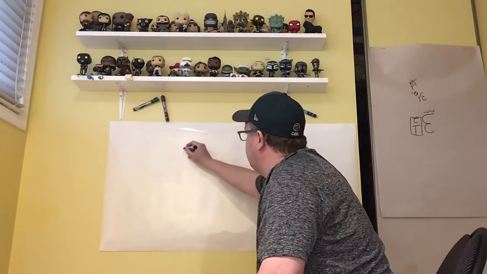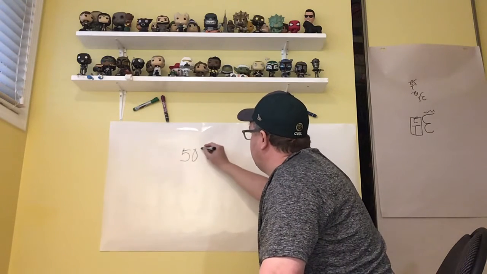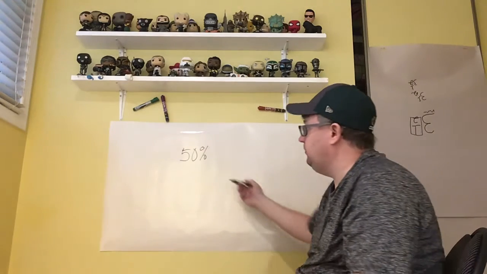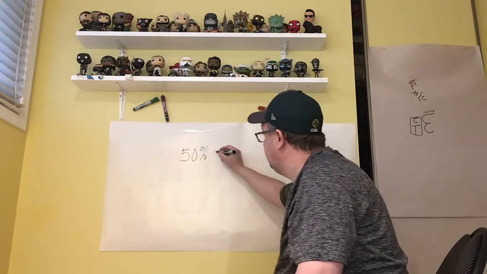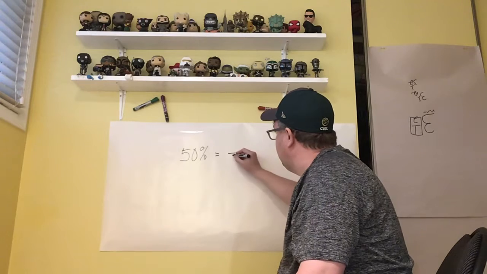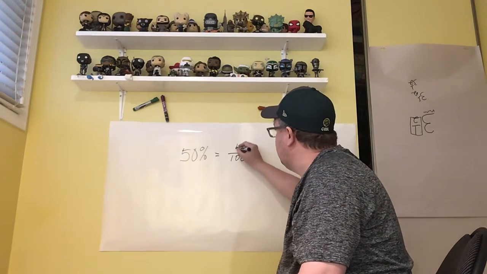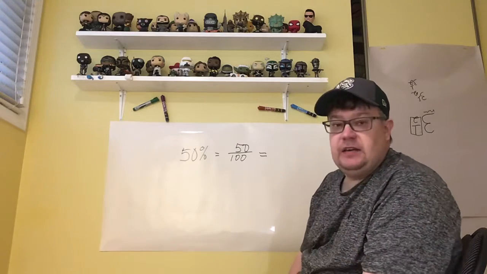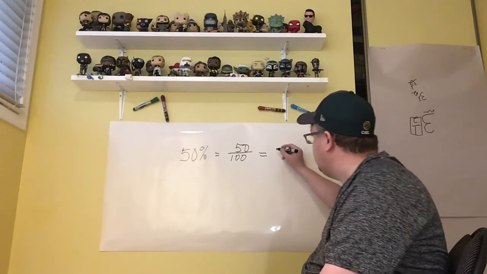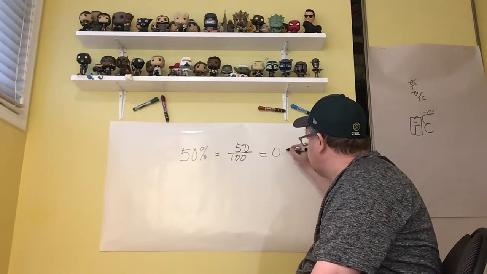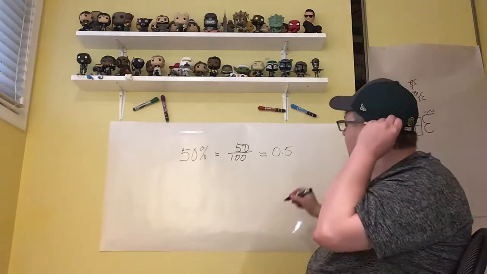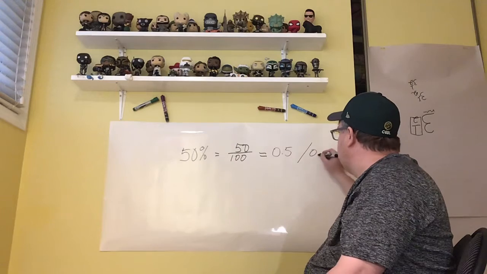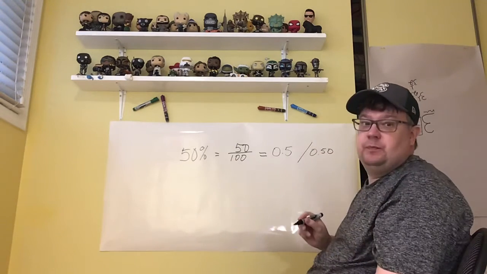I have 50%, and I want to convert that to a fraction. So 50% means out of 100. So I have 50 over 100. And to get it as a decimal, it'll be 0.5, or you could write it 0.50. All right?